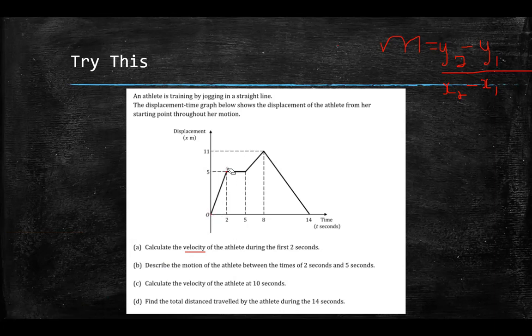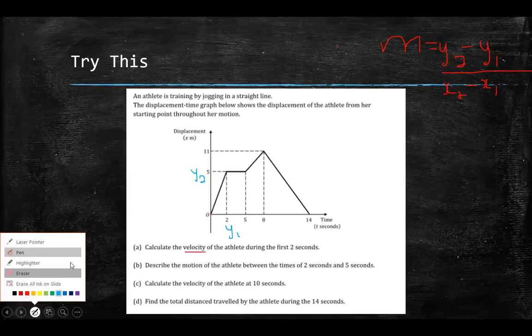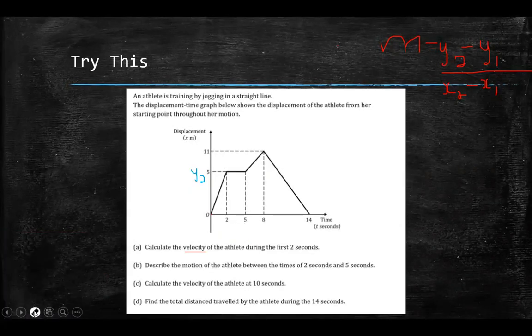So the points that I would be using to substitute into this formula: this would be y2, this would be x2, and then my origin, which is 0, 0, would be y1 and x1.